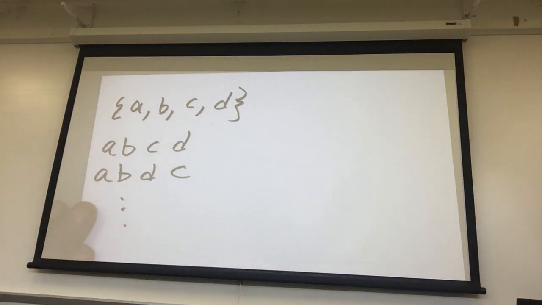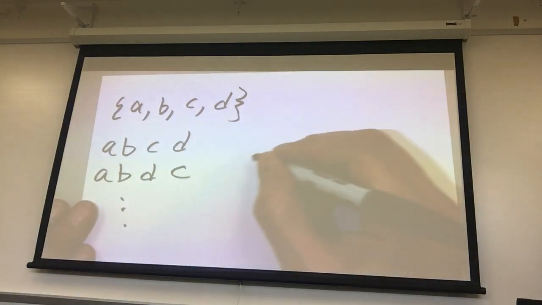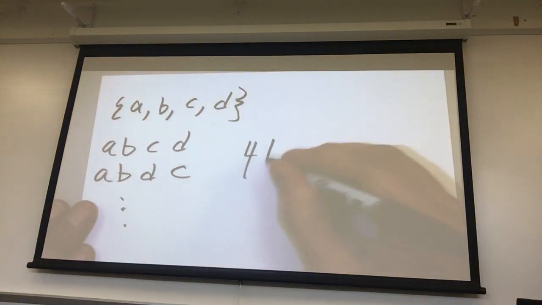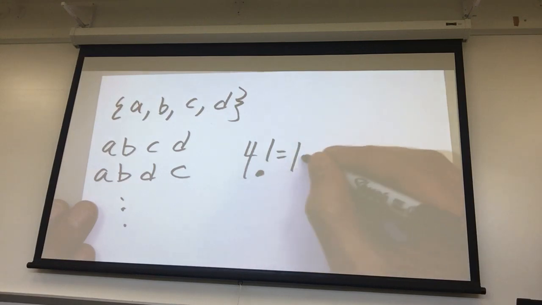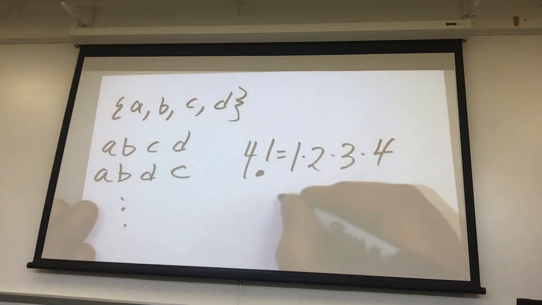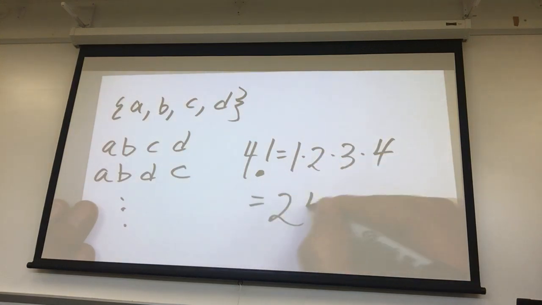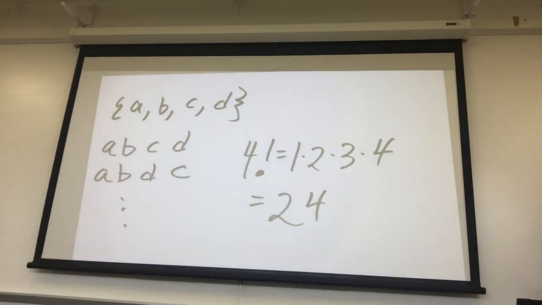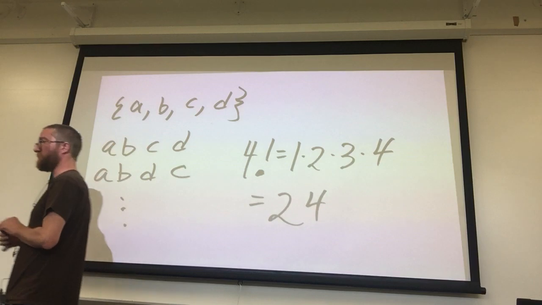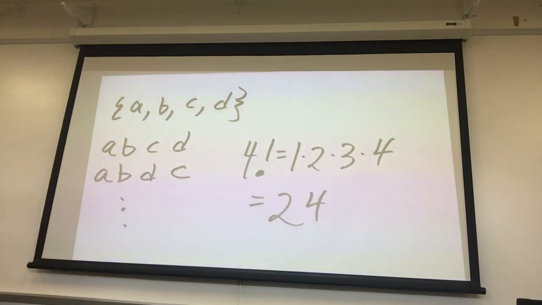It's going to take a long time to figure that out. But there are 4 elements in the set, so 4 factorial, which would equal 1 times 2 times 3 times 4, that would be 6 times 4, which equals 24. So there are 24 possible permutations of this set.